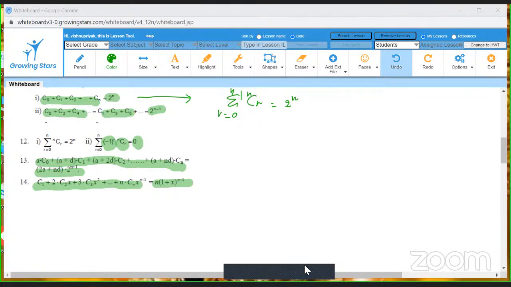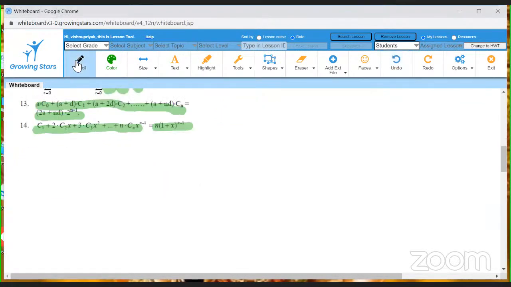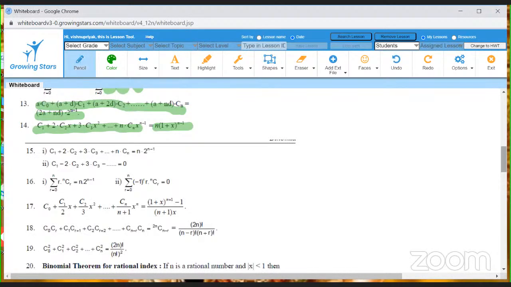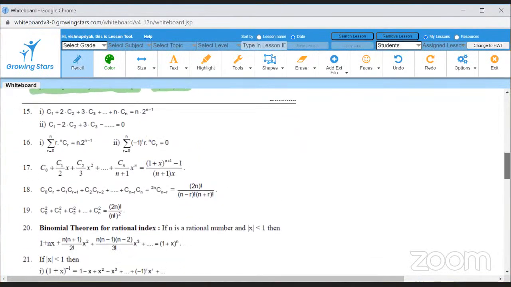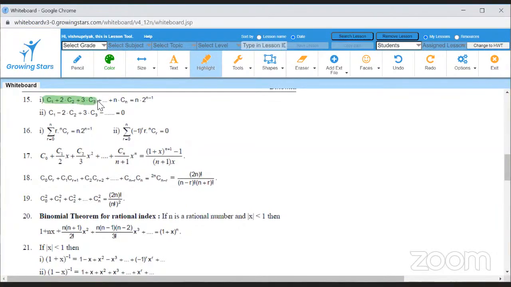Next set of formulas. C1 plus 2 C2 plus 3 C3 plus ... plus n Cn will be n into 2 to the power n minus 1.